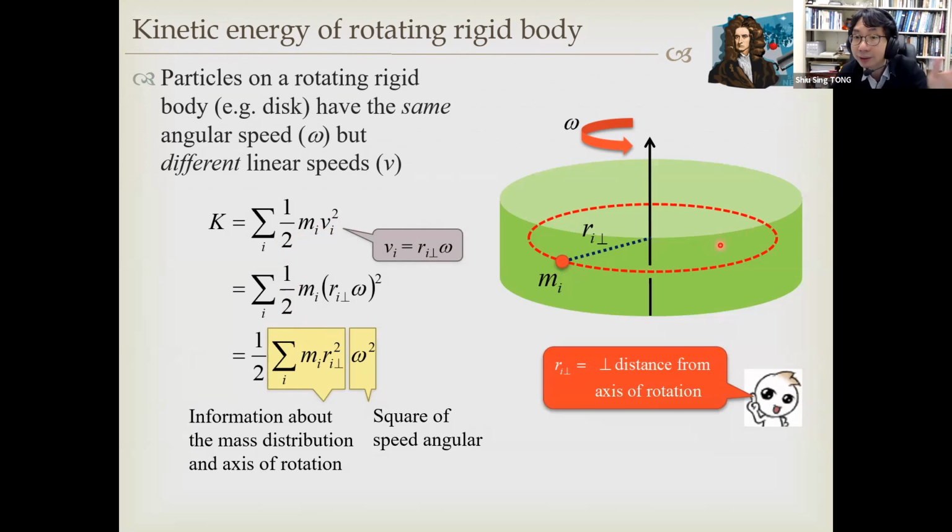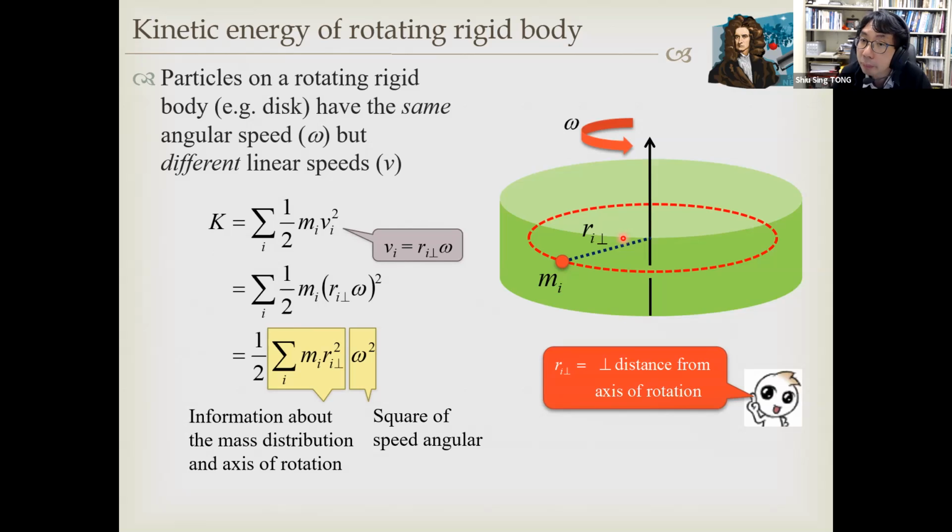Well, we count individual particles. For example, there's a particle m_i at this position. The particle undergoes circular motion around the axis, and its distance from the axis is r_i,perp. r_i means the distance for the i-th particle, and the subscript perp means now I am taking the perpendicular distance from the axis, and that is the radius of the circular path that the particle is now undergoing.